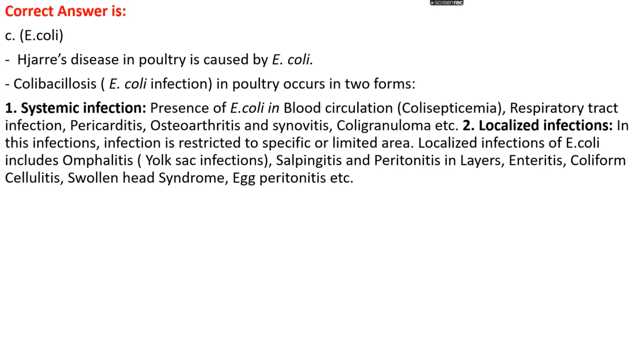Localized infections of E. coli include omphalitis, which is yolk sac infection, salpingitis, which is inflammation of the oviduct, and peritonitis in layers, enteritis, which is inflammation of the intestine, coliform cellulitis, which is inflammation of subcutaneous tissue, swollen head syndrome, and egg peritonitis etc.